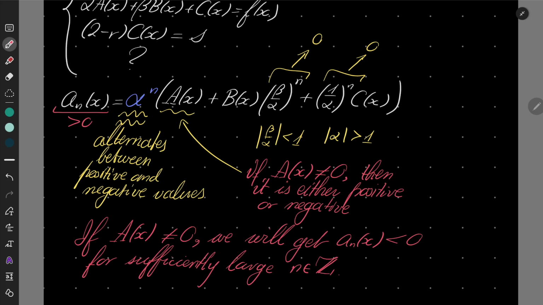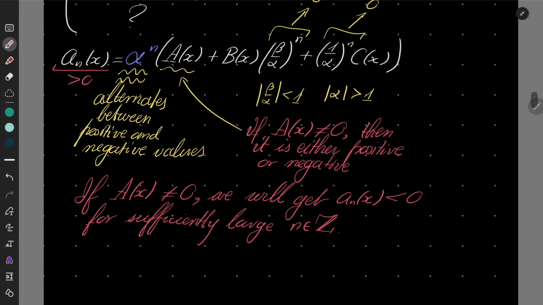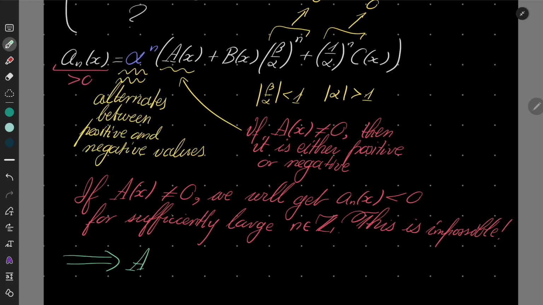We just need one to break our condition that our sequence is positive. Which is impossible. This is in fact impossible, which means only one thing, crucial: a of x equals 0.